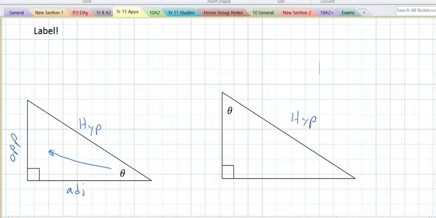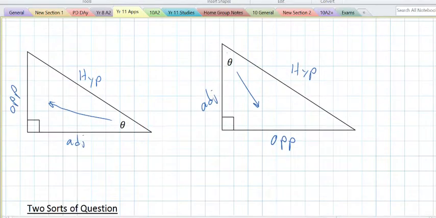Now, these sides change if the angle we're talking about changes. So if our angle appears up there, this side becomes the adjacent, this side becomes the opposite. And the first step to any right angle trig question is label the sides. Once you've got SOHCAHTOA, label the sides, because then that will tell us which trig identity to use.